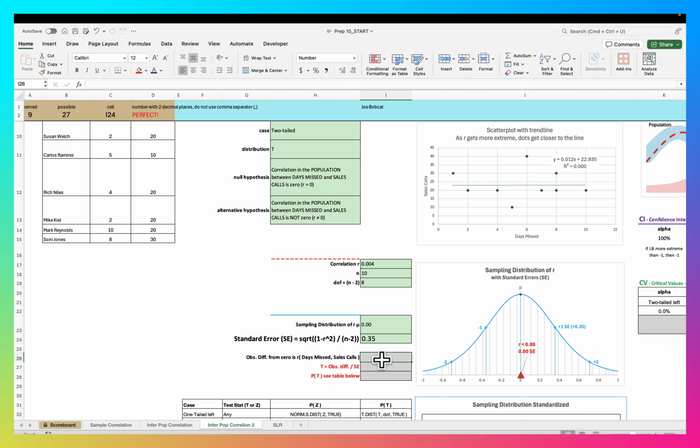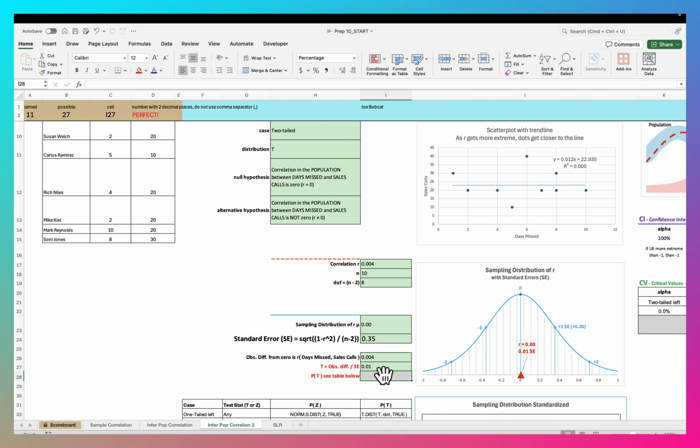And so the observed difference is going to be equal to the correlation, which isn't much. I'll put that out one more decimal point just so you can see that it really is the same 0.004 here. And then the t-score is always the observed divided by the standard error.